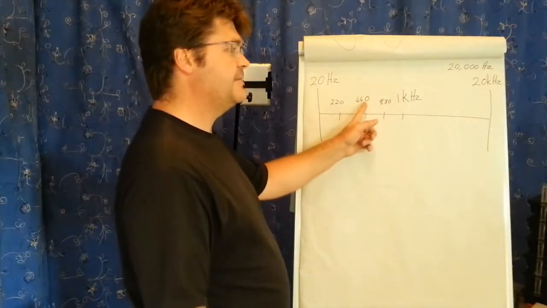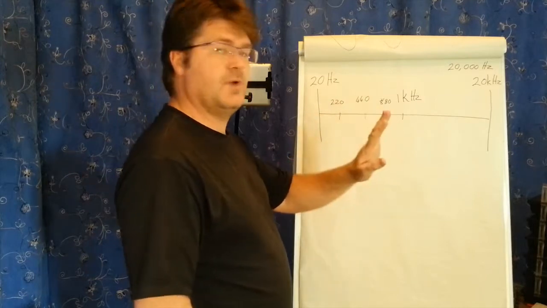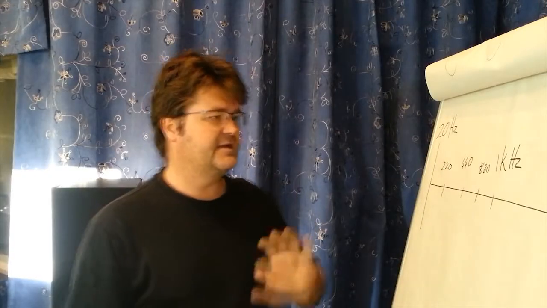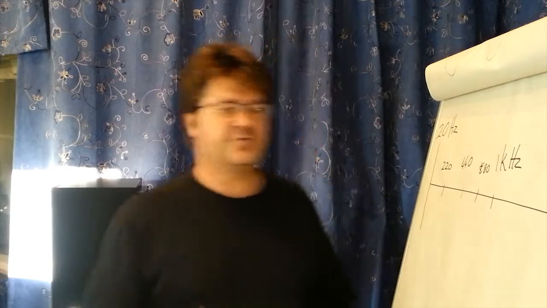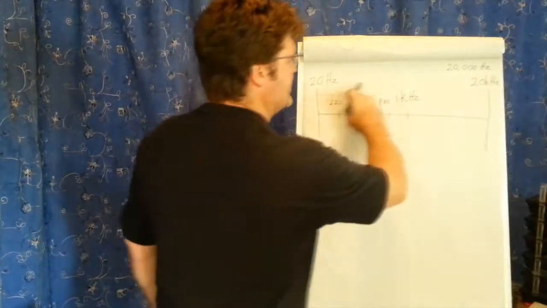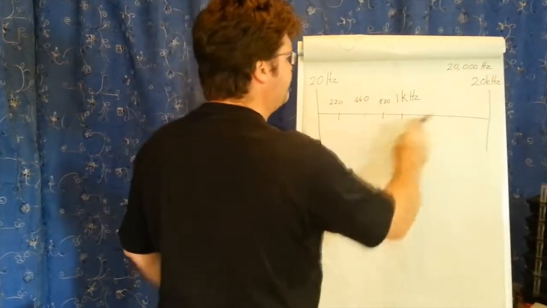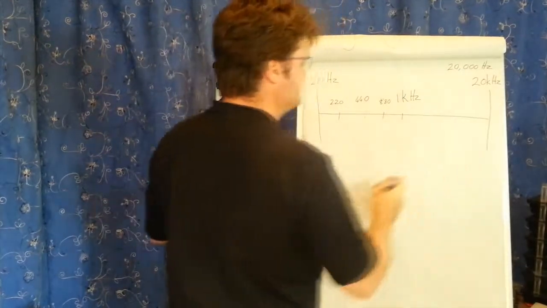So this is an A, this is also an A, and this is also an A. Don't worry why, we'll discuss more about that at a later point in time. For now, understand that this is just a graphical representation of where frequencies lie, and the higher they go, the higher they sound.